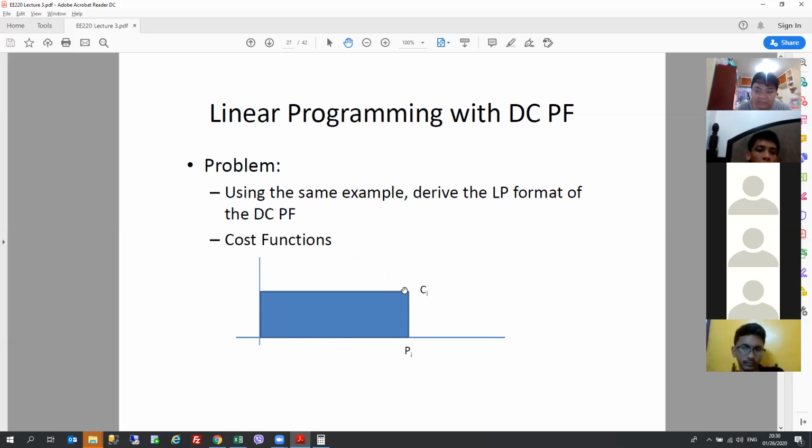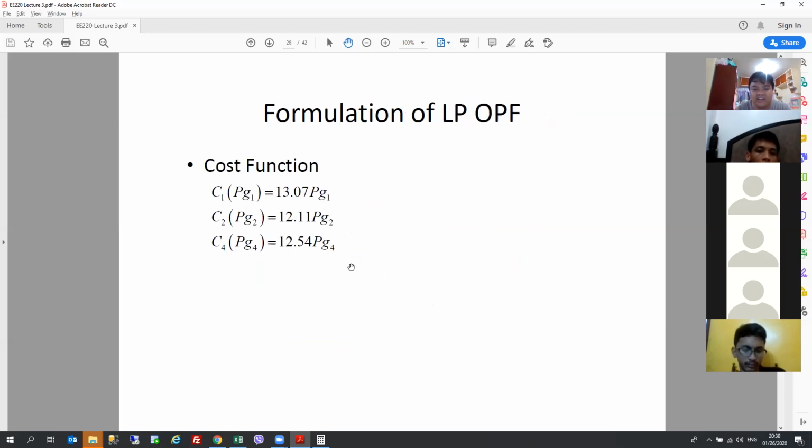Sabihin mo na lang 5P1, yun na, linear na lang. Okay? So, let's say in this example, cost ni generator 1, 13.07 P1 lang. For generator 2, that's just 12.11 P2. And for generator 4, just 12.54 P4.